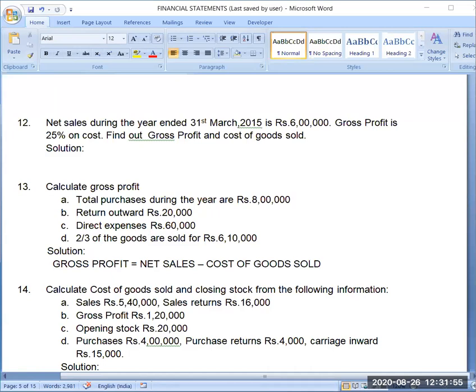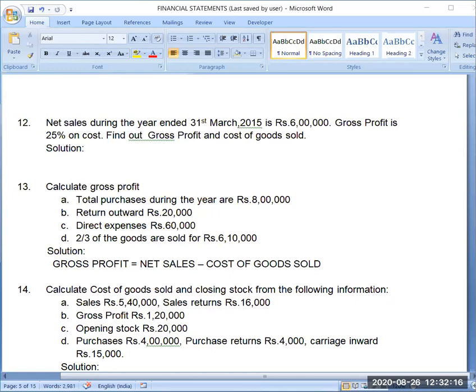If you see point D, it is saying that 2 by 3rd of the goods are sold for rupees 6,10,000. Obviously, it is giving you 2-3 pieces of information.